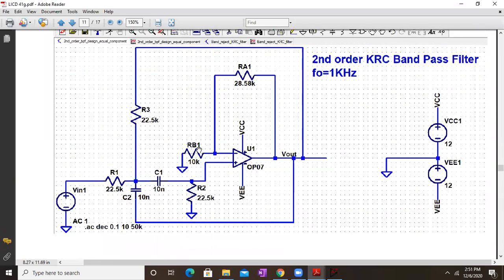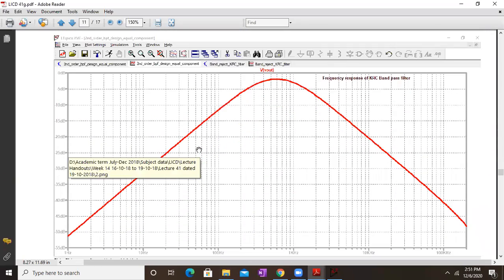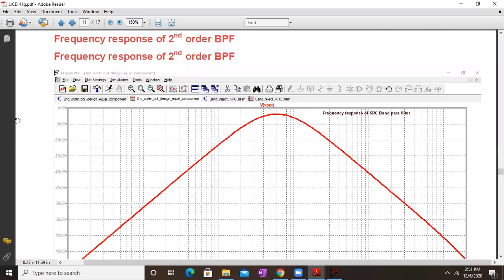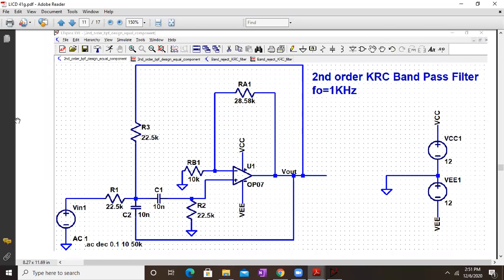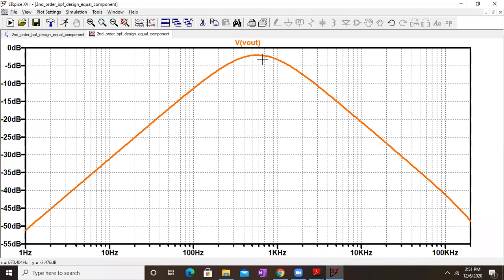Fine. So here was the frequency response of a KRC bandpass filter, and this was the equal component design. Equal component design will always give a slight shift in the frequency, because there are so many resistors and capacitors connected. So some frequency shift is bound to happen. So 1 kilohertz is coming over here.